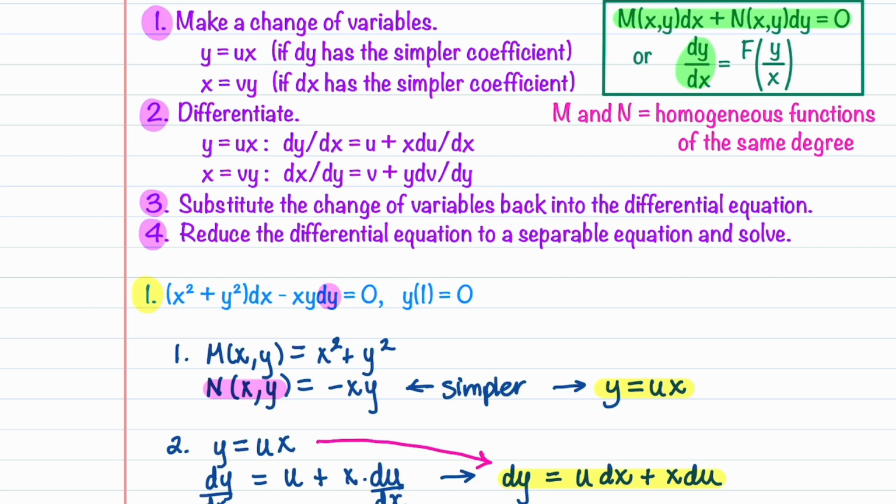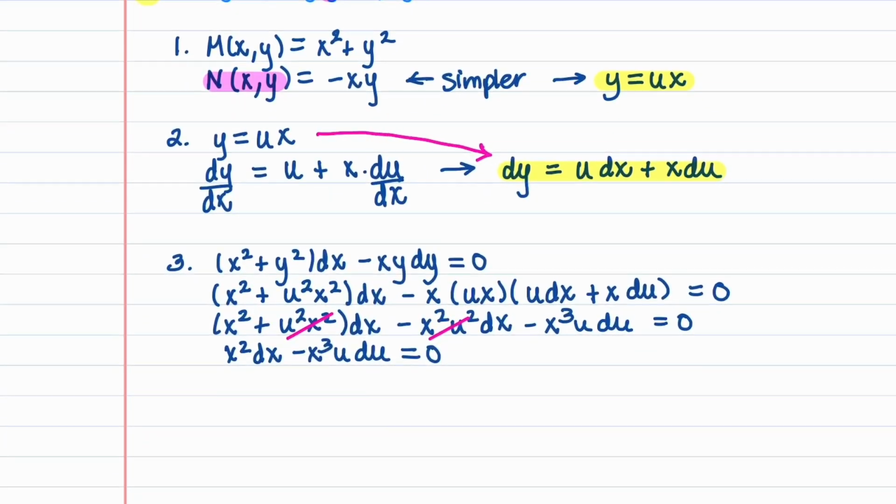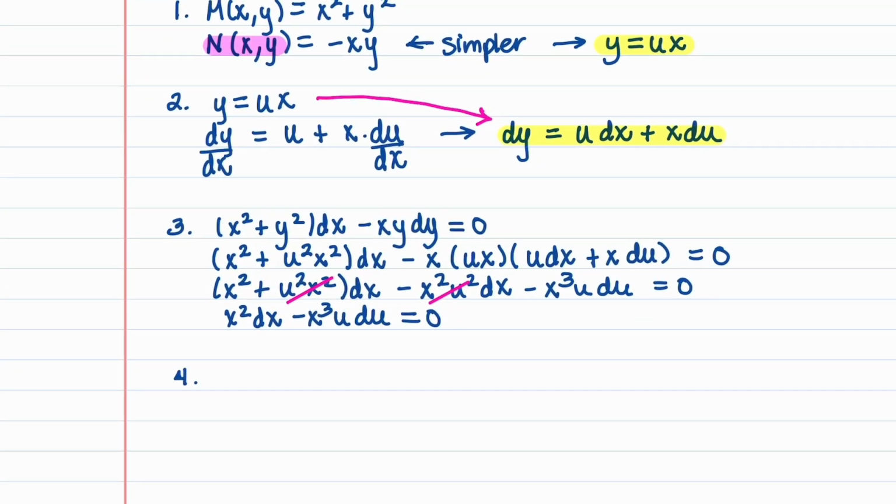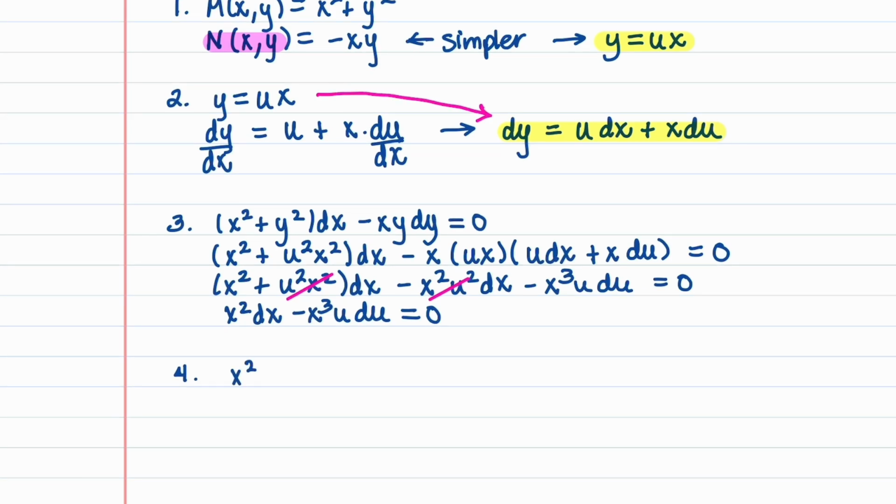That step is to reduce our differential equation to a separable equation and then solve it. To make this a separable equation, we need to separate our x's and our u's. This gives us x squared dx is equal to x cubed u du.